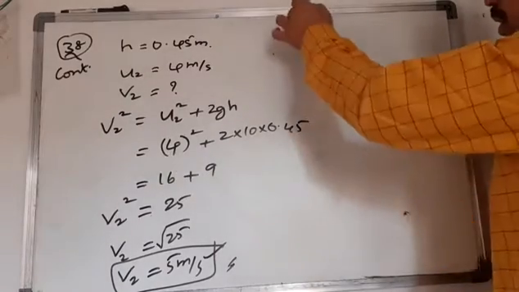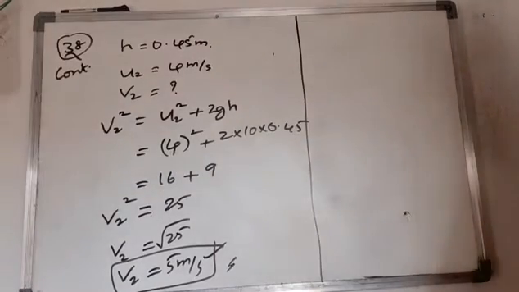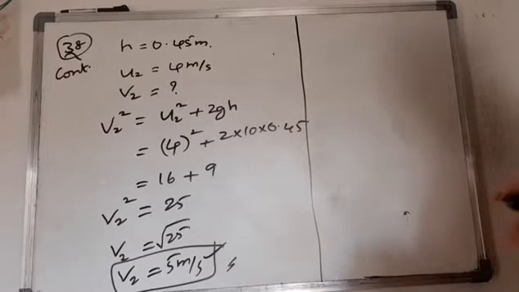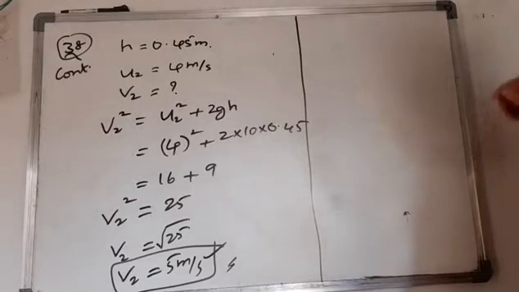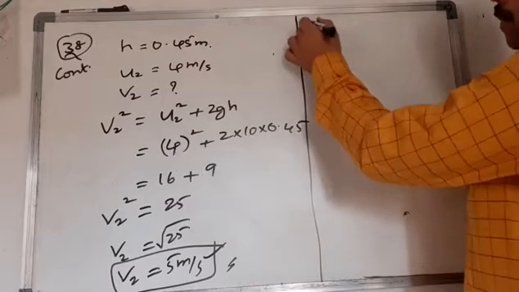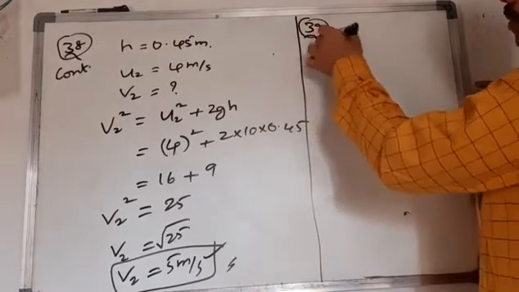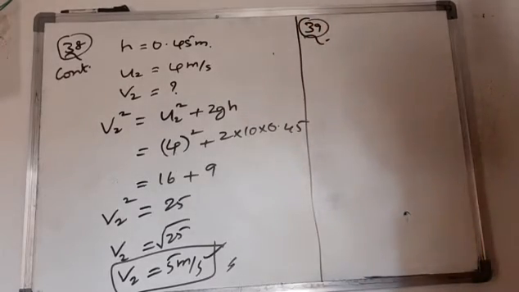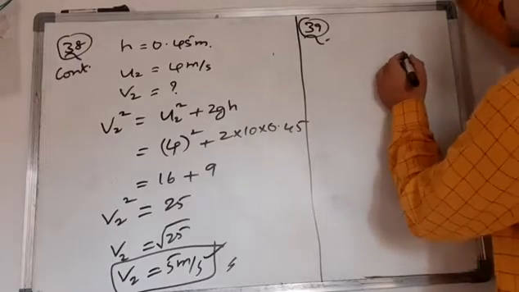Okay, right. Next question. 39th question. What is the given data? Here one tap is given.